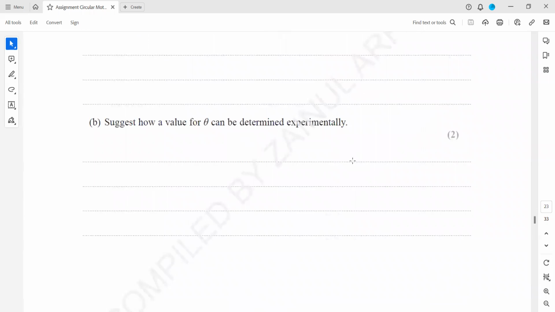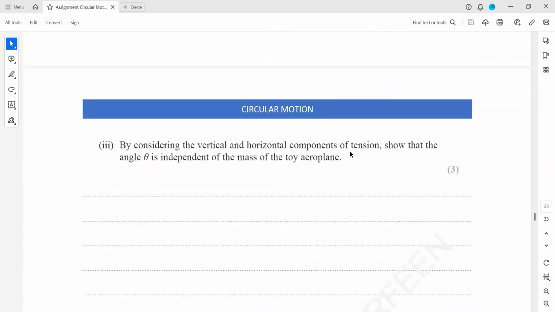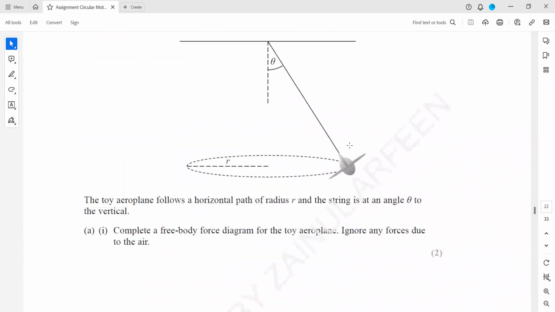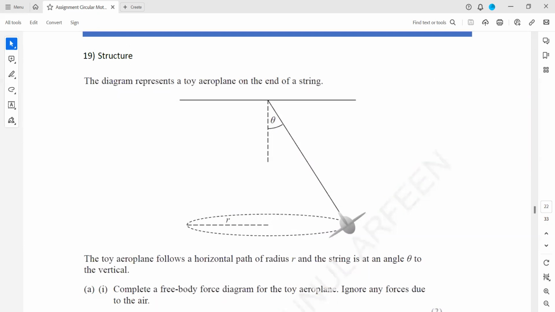Suggest how the value of theta can be determined experimentally. If we do this experiment, how can we work out the value of theta? There are different methods. We can use a video playback and then measure the maximum angle.